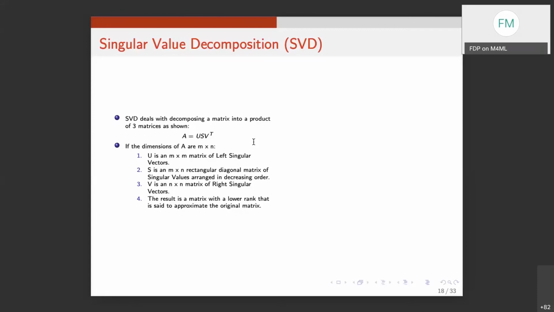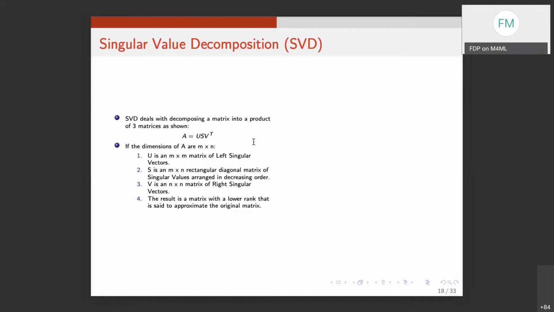U is an M by M matrix, which is the left singular vectors, or we can also call it a columnar matrix, an orthogonal matrix. Whereas S is sigma, which represents a set of singular values, a diagonal matrix with non-negative entries.